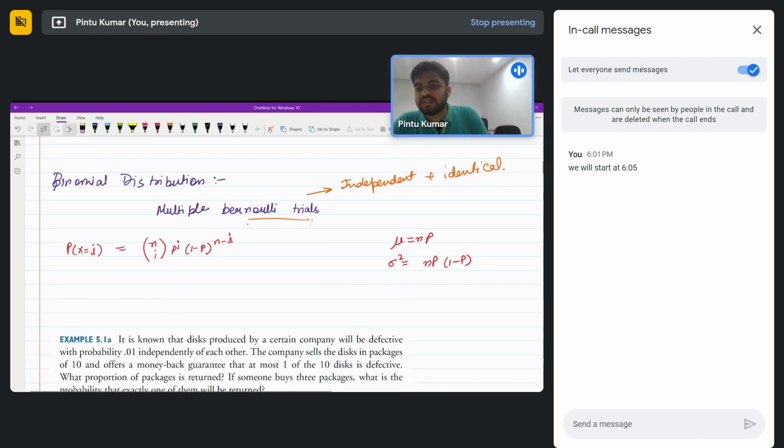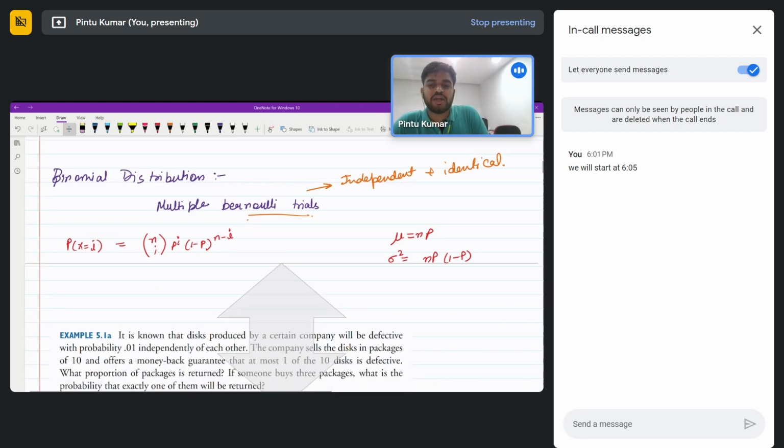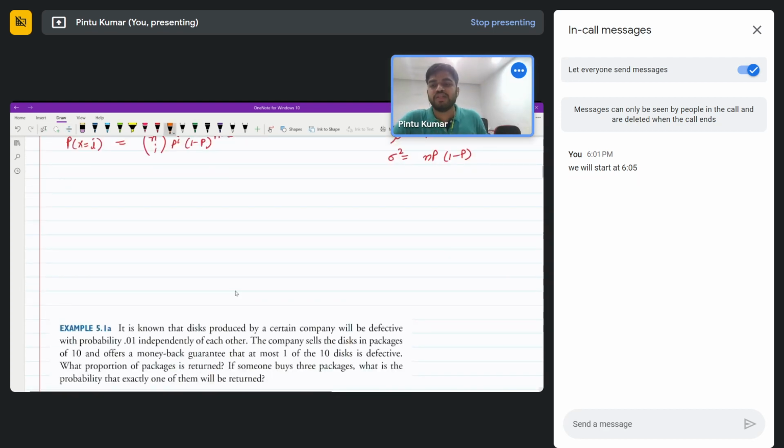Let's take a very simple example before we look at the probability mass function. Let's say you toss a coin 10 times, and you have to find the probability of getting 4 heads.